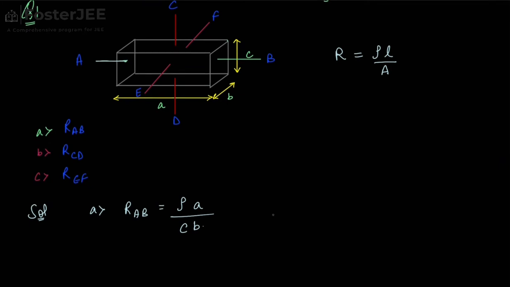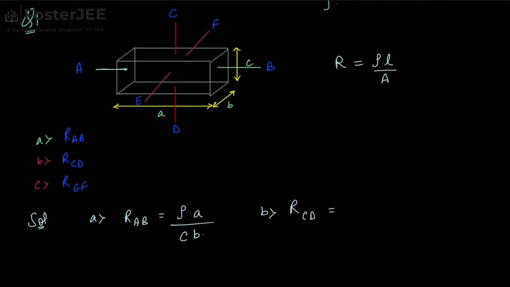Coming to our second part, which is the resistance between C and D. If we consider C and D, the electrons will have to travel along this path. Which length will be responsible for providing the resistance? That is along this length, which is C. So, in this case, rho times length C. And what is the cross sectional area available for traveling from C to D, or else we can say D to C?